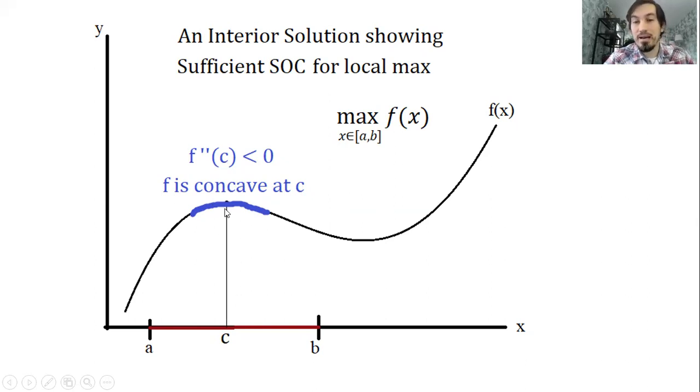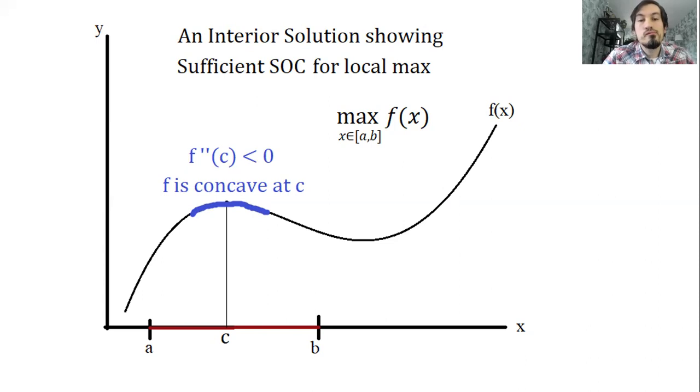So because it's a local maximum, that means it might be an interior solution of this problem. But we're still not done. In general, you still just can't say, well, the answer is C because it's a local maximum. Why not? Well, there could be more than one local maximum of a function. A function could have several local maxima, in which case you still have to check which one it is.